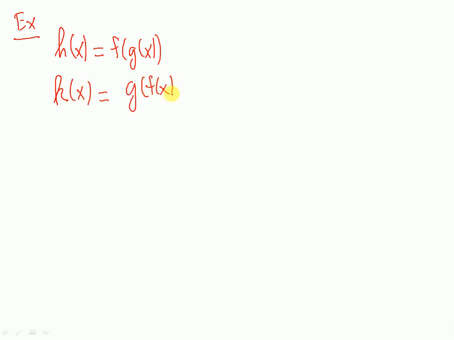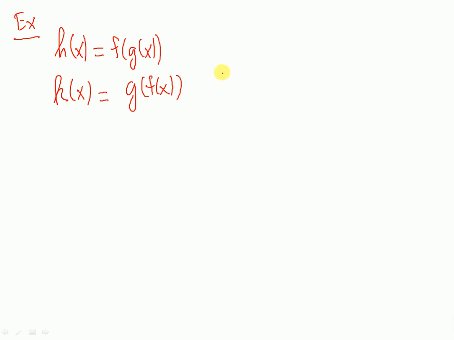Okay, I have this problem. We are given h of x equals f of g of x. This is a composite function, right? And then we have a function k of x is g of f of x.